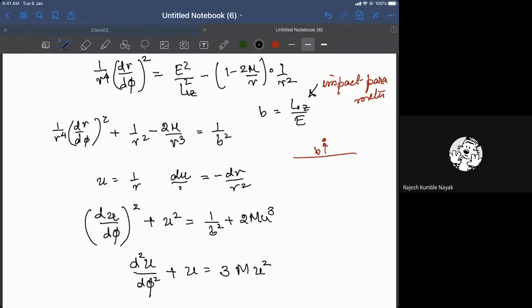So you can see that we have cancelled one du by d phi, as we did for the time-like orbit, and this is much simpler to solve. As you can see, it has fewer terms, and the impact parameter does not appear, and then we have to solve this equation.